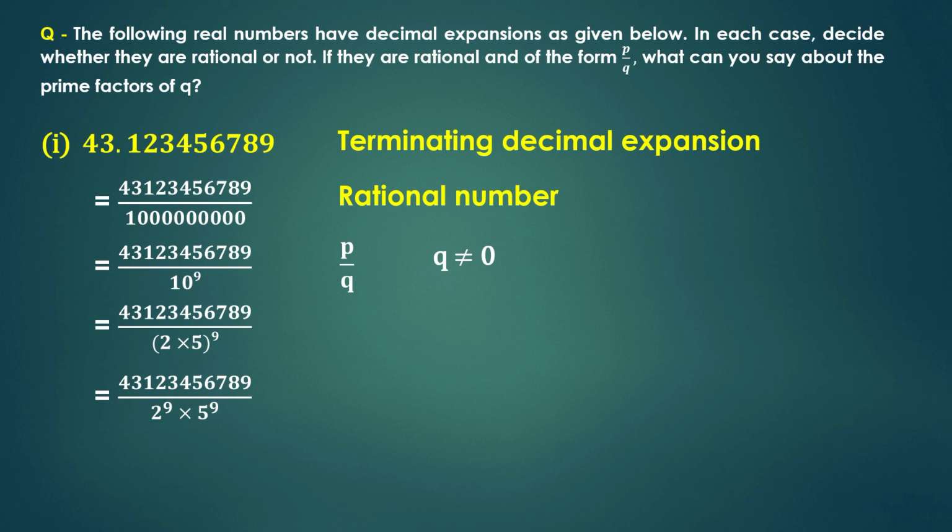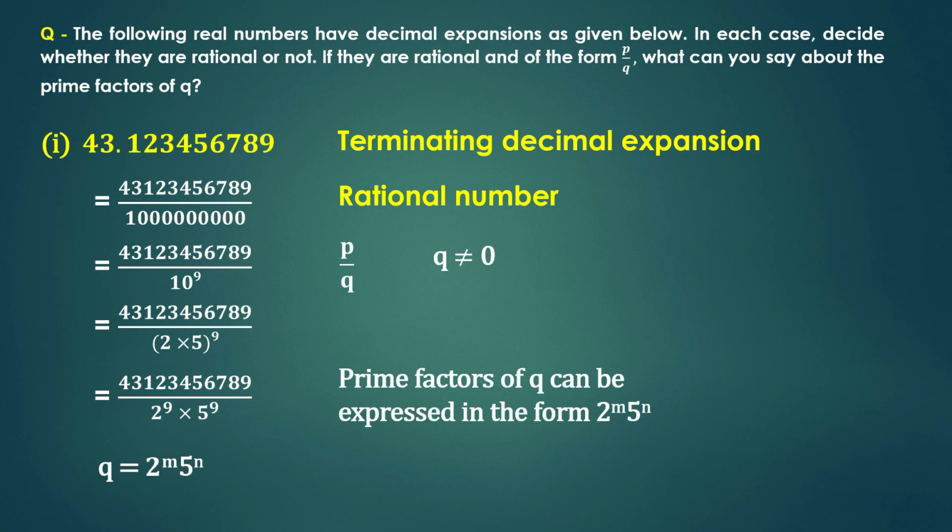So we can say that the denominator q can be represented in the form 2 to the power m into 5 to the power n, and hence we can say that the prime factors of q are in the form 2 to the power m into 5 to the power n, or q contains the prime factors 2 and 5 only.